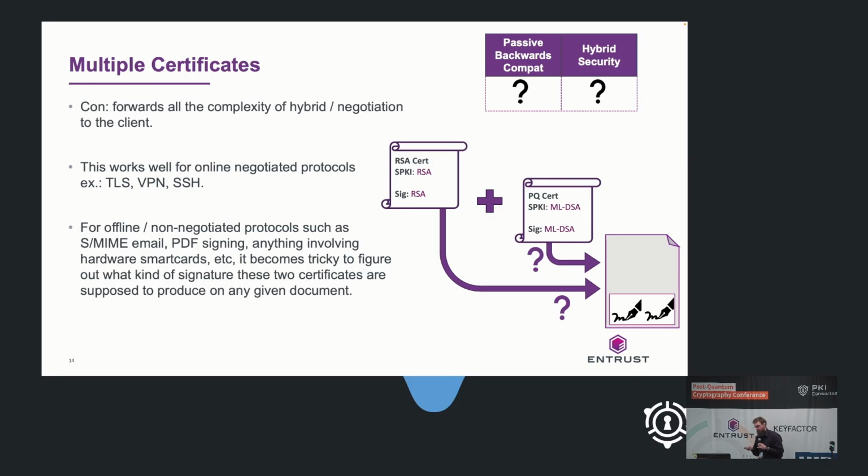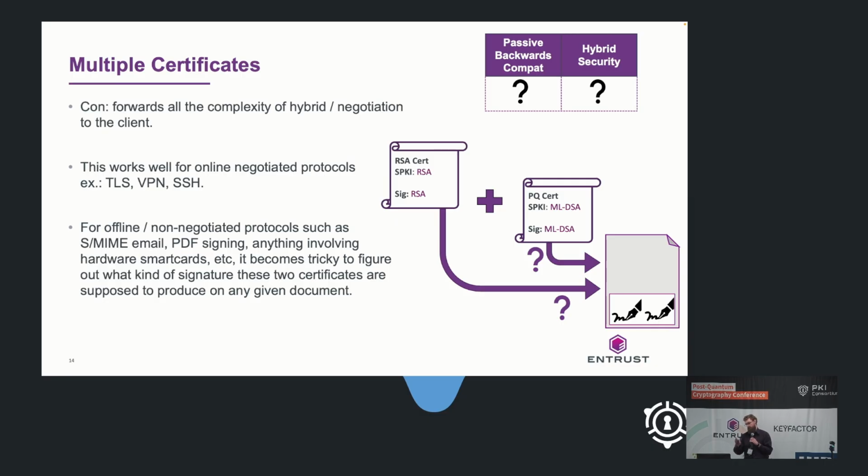This works really well, and I highly recommend multiple certs for negotiated protocols. TLS, IPsec, SSH are all things that can pretty well handle multiple certs rolled into a single handshake. So if you're entirely doing online negotiated protocols, I highly recommend that you do this. Where this gets extremely complicated is for offline or non-negotiated protocols: SMIME, PDF signing, code signing, typically anything that involves smart cards.